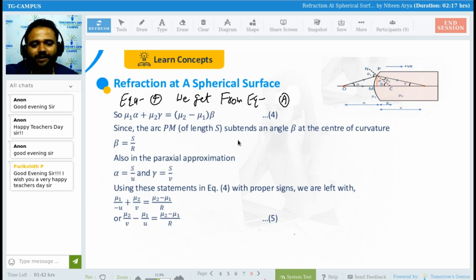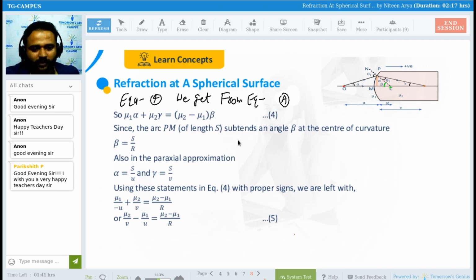Nothing we change. Now the main thing is arc PM. This arc PM is taken as this distance of length S, which subtends an angle beta at the center of curvature. So beta can be S by R. Why S by R?